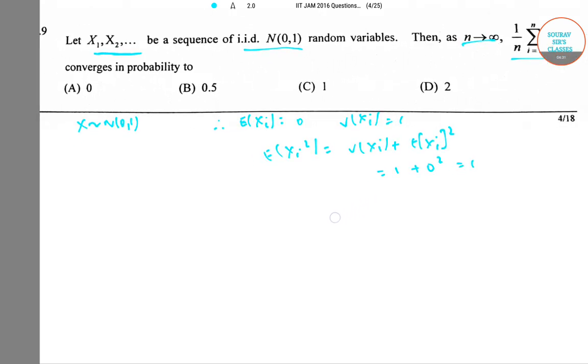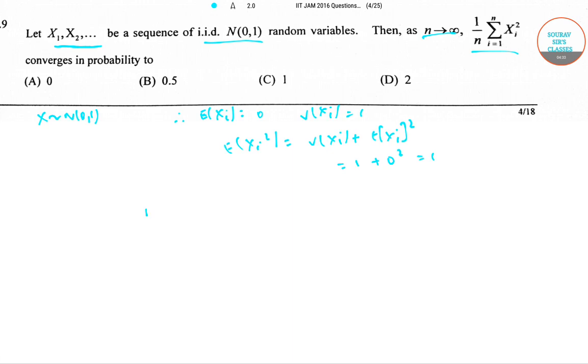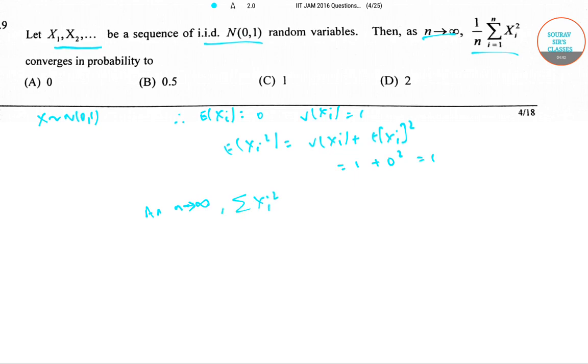Now, as n tends to infinity, summation Xi squared converges in probability to the expectation of summation Xi squared, i ranging from 1 to n, which is equal to n.